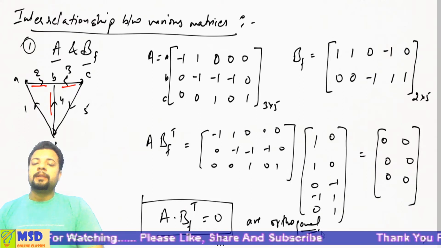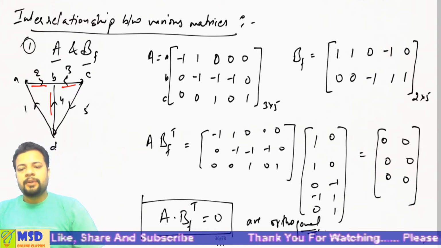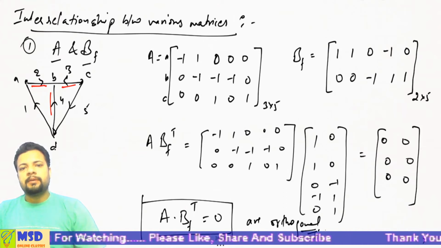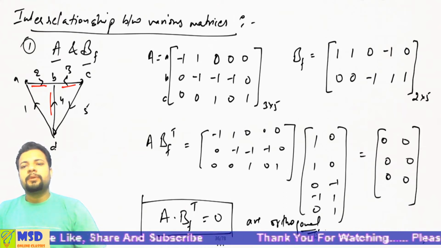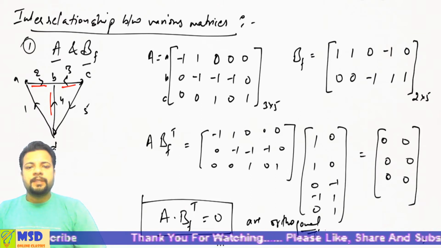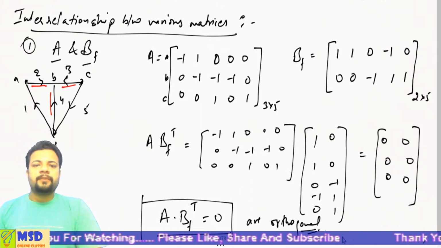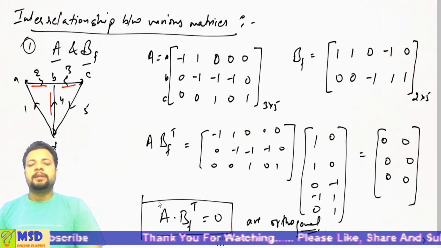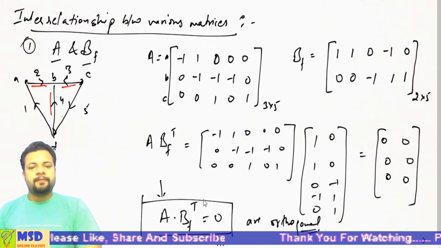In the previous lecture also, I have told you that this is not very important if we talk about competitive exams, but it is very important in case you are appearing for university exams. They will ask you to prove the orthogonal relationship between A and BF.